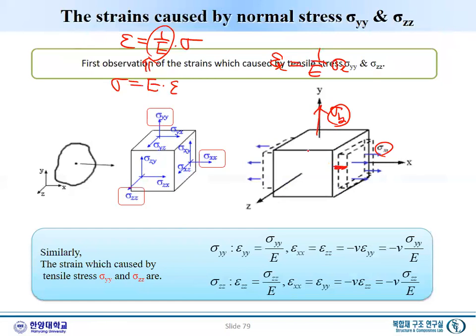How much? Because this one is 30% of this, so minus 1 over E sigma y with Poisson's ratio. And how about this sigma z? Yes, sigma z also causes epsilon x because this will shrink. So minus sigma z over E is the amount of this extension, and there will be a Poisson's ratio.